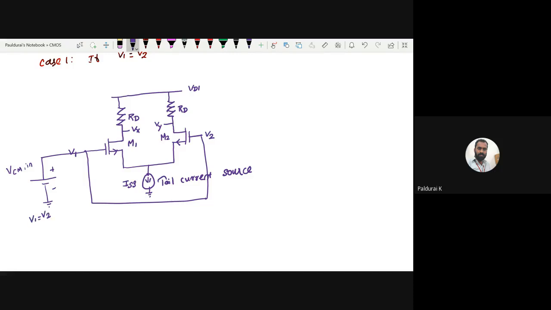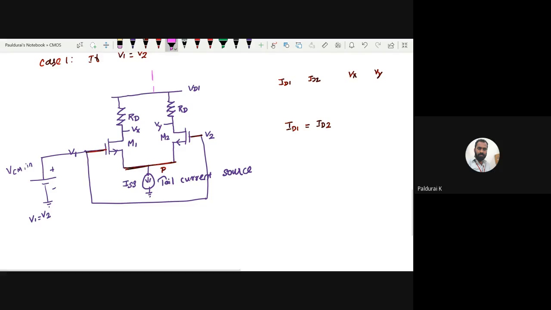If V1 is equal to V2, here also I want to calculate four things. This time instead of IC1, this is ID1, ID2, and the same output voltages Vx, Vy. So what is the value for ID1 as well as ID2? Since we are applying the same voltage V1 and V2, this node takes some same potential.